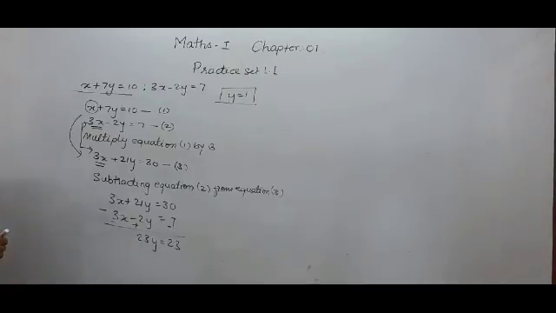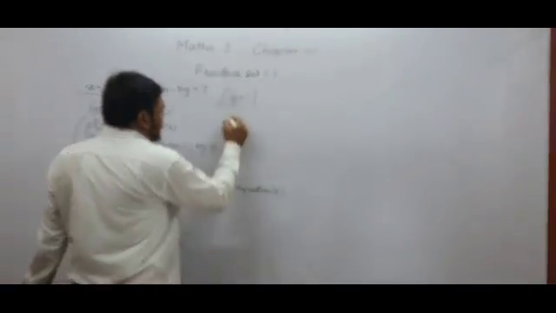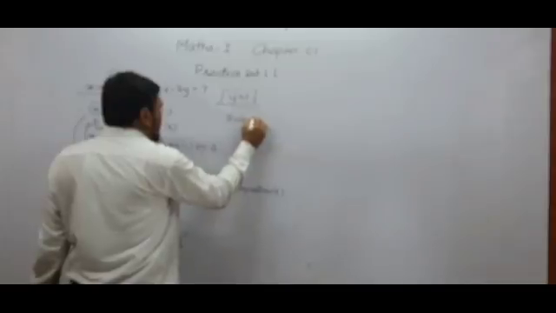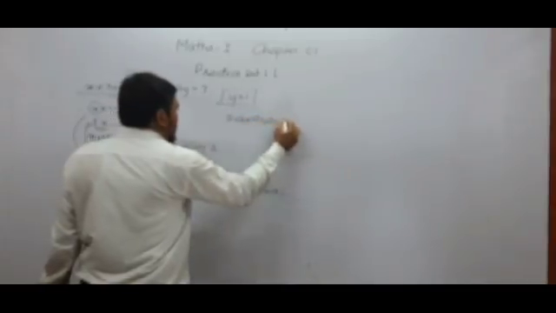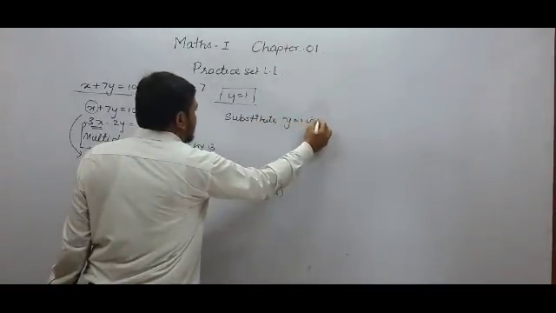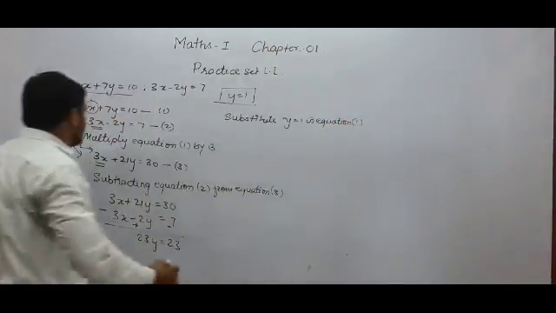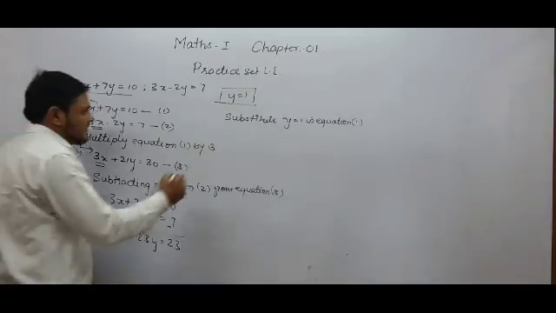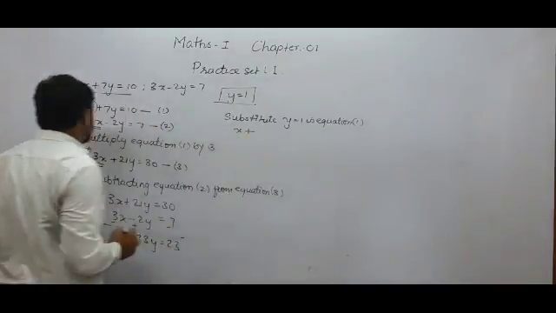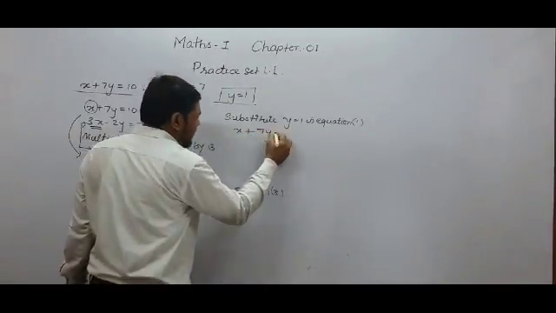Now students, by putting this value of y in one of the equations, we will put this value in equation number 1, and we will get the value of x. So substitute y equal to 1 in equation 1. See what the value of x will be. x plus 7y equal to 10.